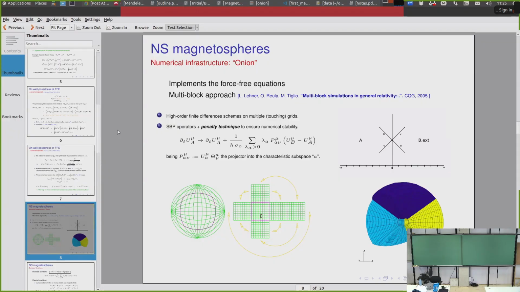Six grids to represent these spherical layers by identifying the sides of these 6 boxes, these squares.